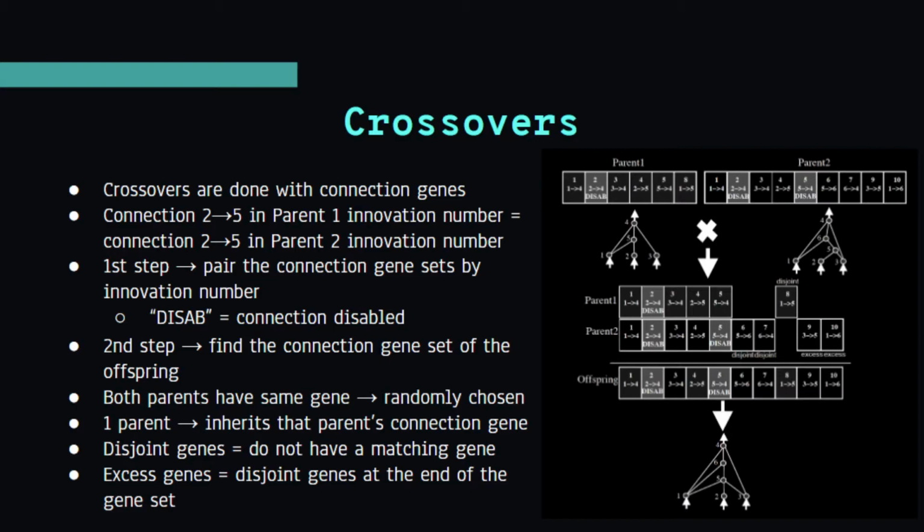Now, excess genes are just disjoint genes at the end of the gene set. Why this is important is that if parent 1 was fitter, where fitness is how well the individual has performed, then the excess genes of parent 2 would be ignored, and the offspring will not inherit them.